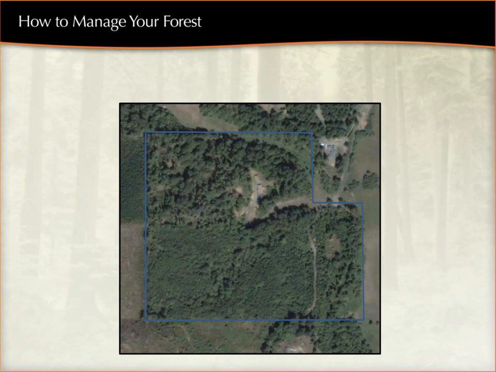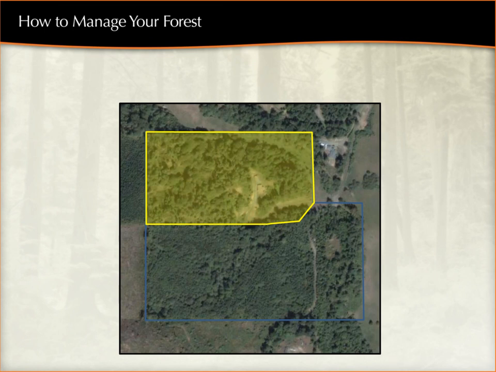Okay, let's look at an example of how we might break up a property into management units. This property is a little under 40 acres, and it's made up of a couple different ages of timber, and it also contains a home site. This landowner first divided the property into a north section and a south section.